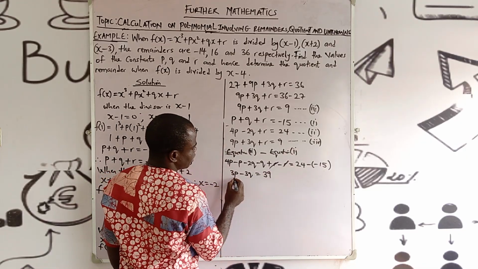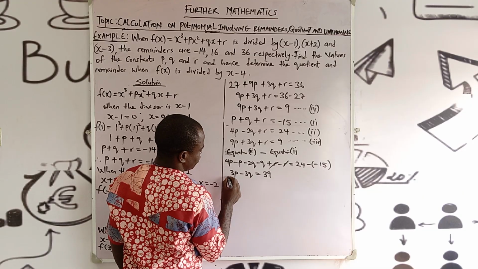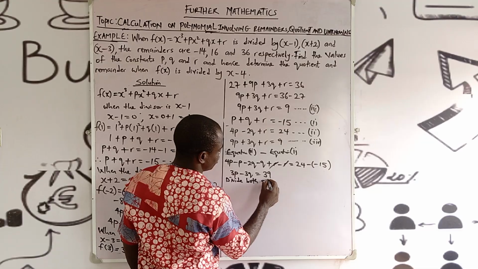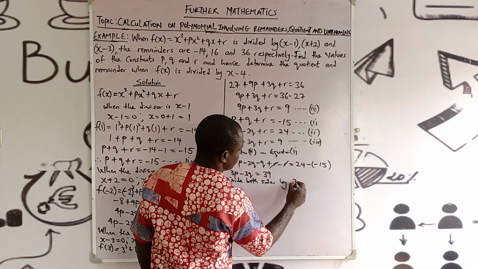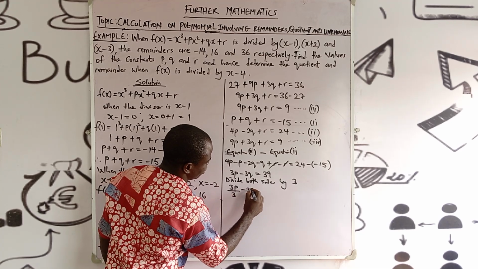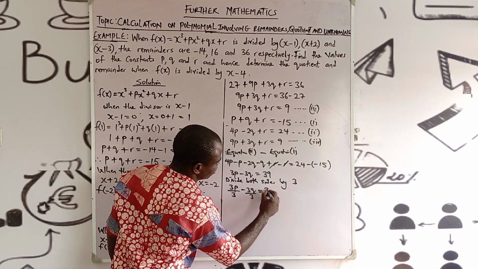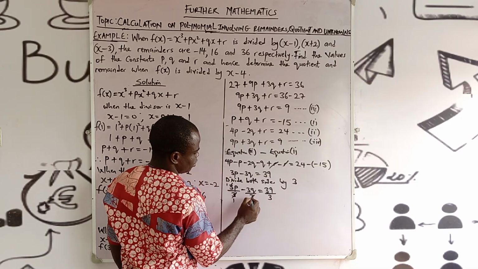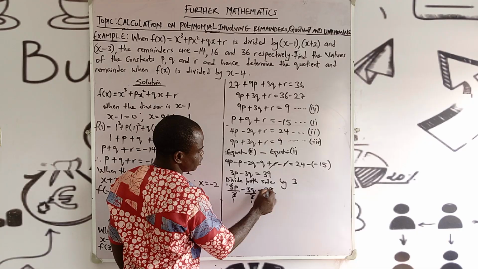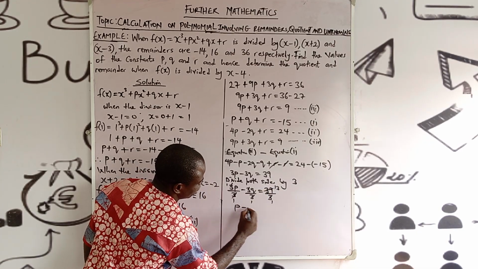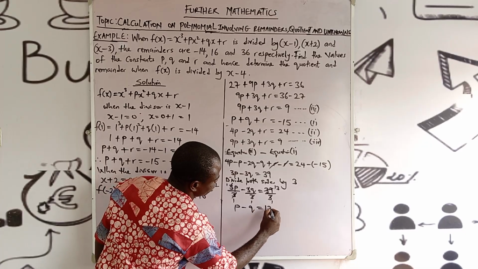Now let's divide both sides by 3. 3p divided by 3 minus 3q divided by 3 equals 39 divided by 3, which is 13. We have p minus q equals 13.